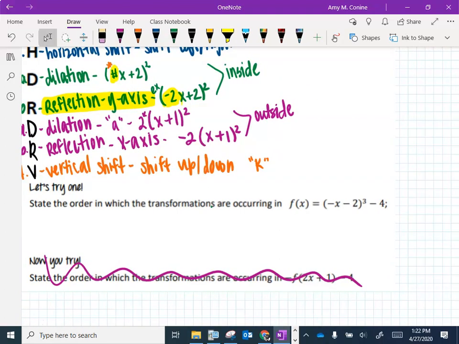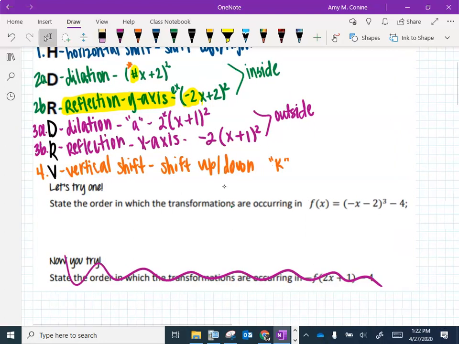So state the order in which the transformations occur with this function. So we've got f of x equals negative x minus 2, the whole thing is cubed minus 4. So the very first thing we're going to take a look at is that minus 2 right there. So that's your h value, your horizontal shift. And because it's a minus, it's actually going to be a shift right 2.